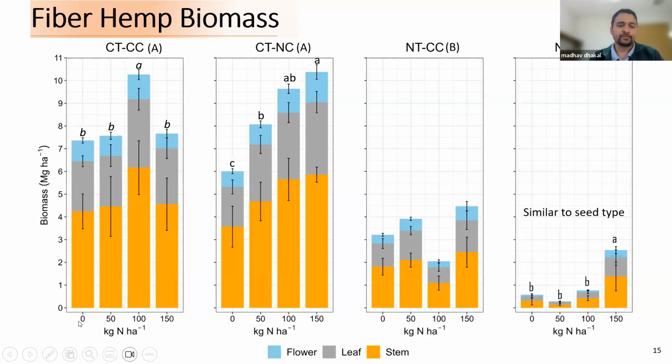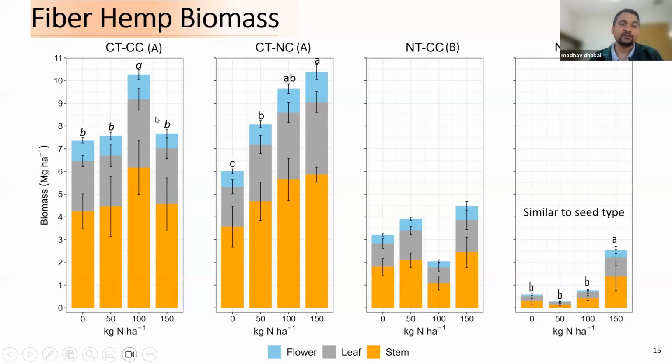Here, with cover crop, 100 kilogram nitrogen per hectare did well. It was more than 0 and 50, but after 100, the biomass production of the fiber hemp was low.